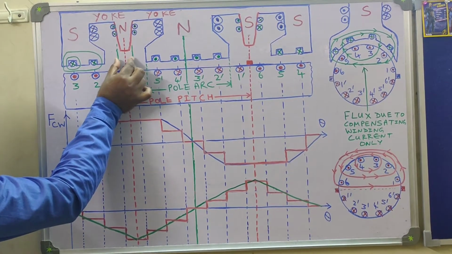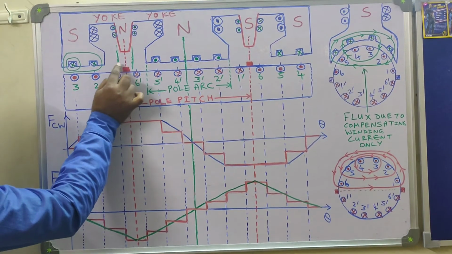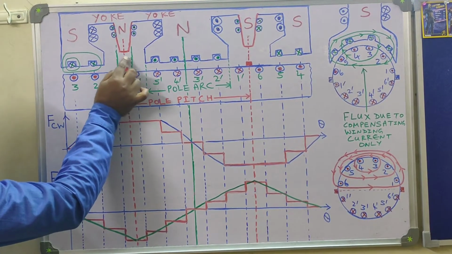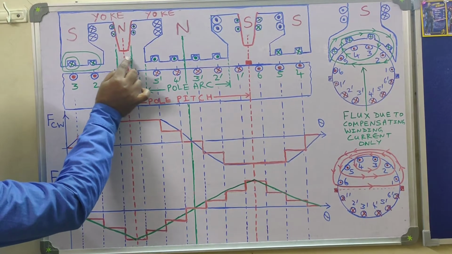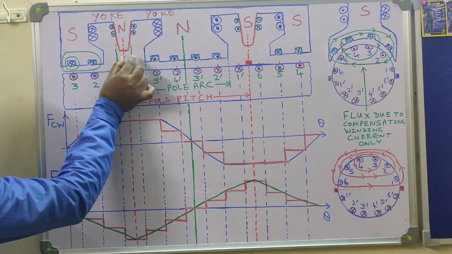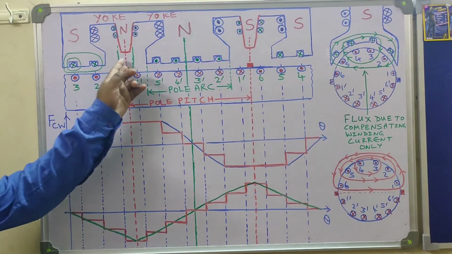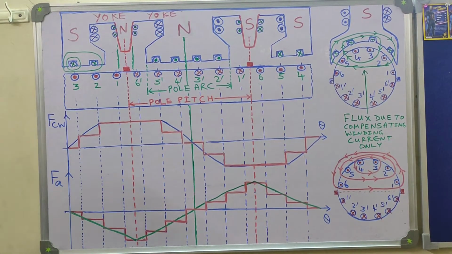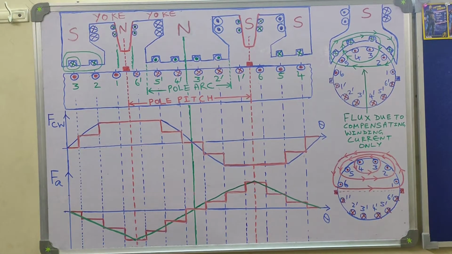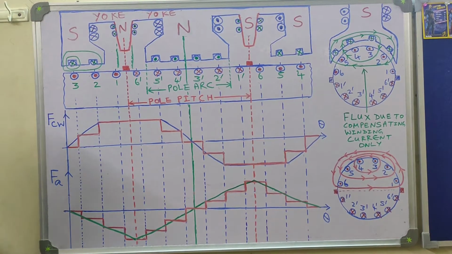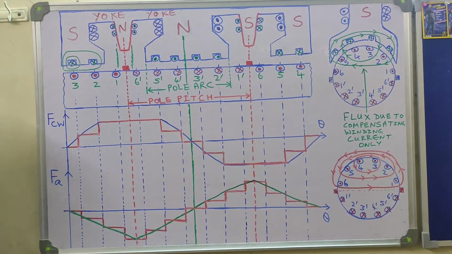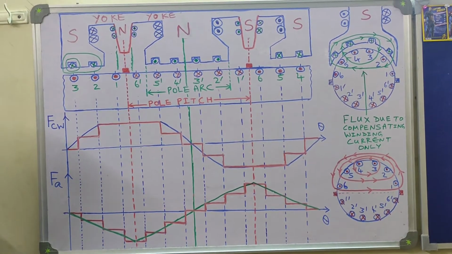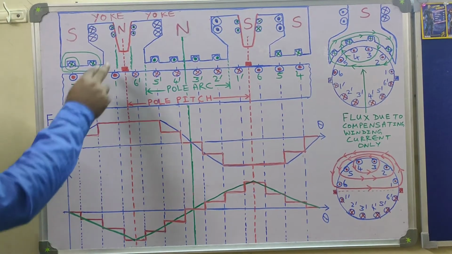This is your commutation zone. These two green dotted lines which I have indicated here, this is the commutation zone. So interpole MMF is effective only under this area, but outside this commutation zone, the interpole effect is not there. So what has to be done? We need to ensure that the armature MMF is neutralized, or cancelled, besides the commutation zone.